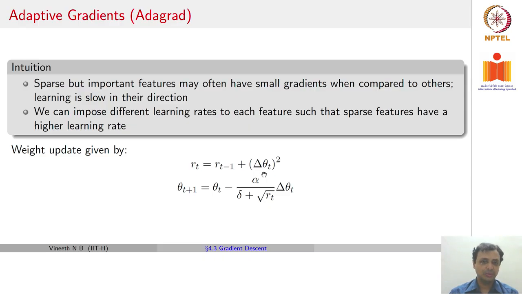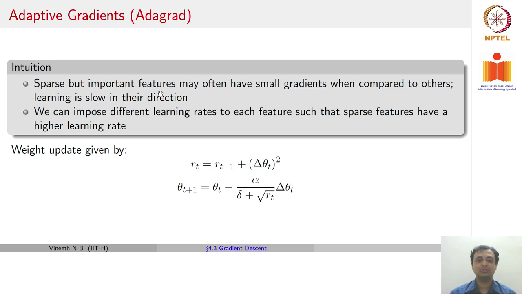Adagrad has a simple intuition: sparse but important features may often have small gradients when compared to others, and learning could be slow in that direction. In our case, features means dimensions of weights, rather a subset of weights.